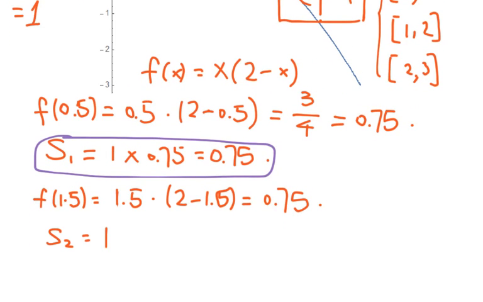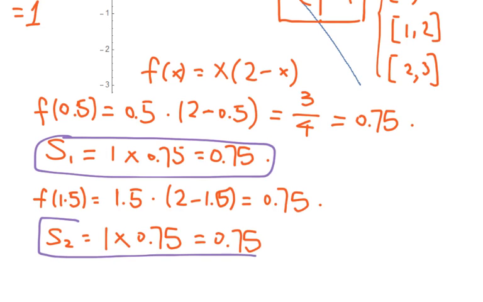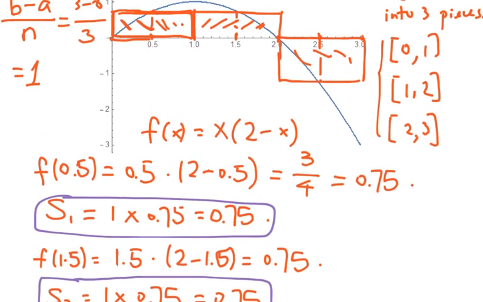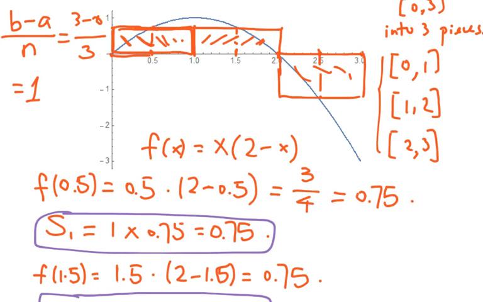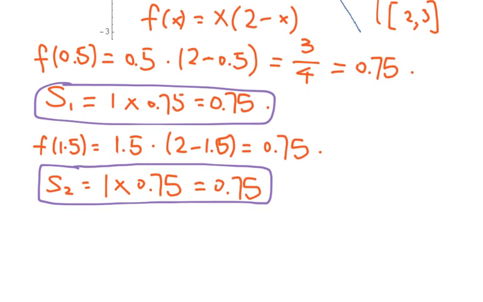For the third part, we have to be careful because here we have this rectangle below the x-axis, so we have a negative area, but the idea is similar to before. We first find the function value when x equals 2.5, that is 2.5 times (2 minus 2.5).